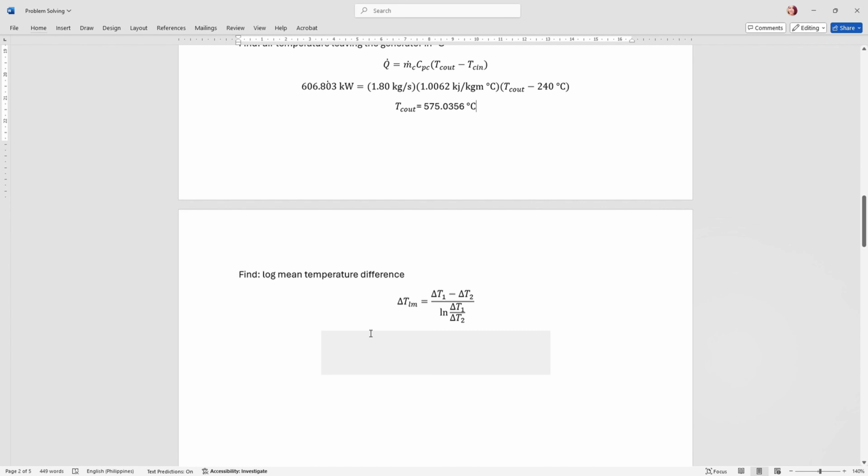Lastly, is yung LMTD, log mean temperature difference. So, yan lang yung formula. Delta T1 minus delta T2 over ln delta T1 over delta T2.